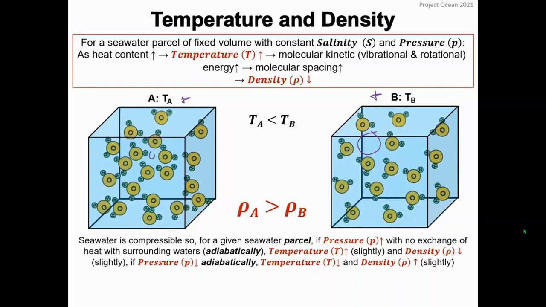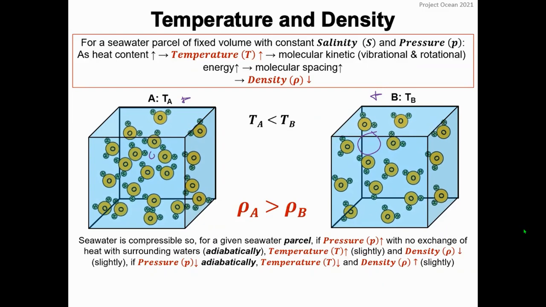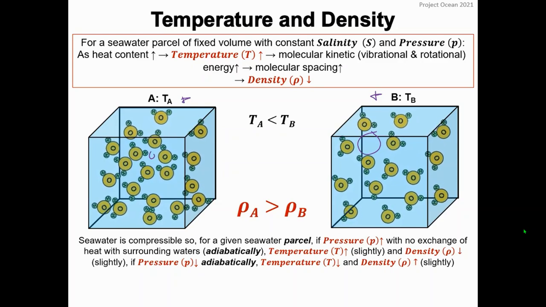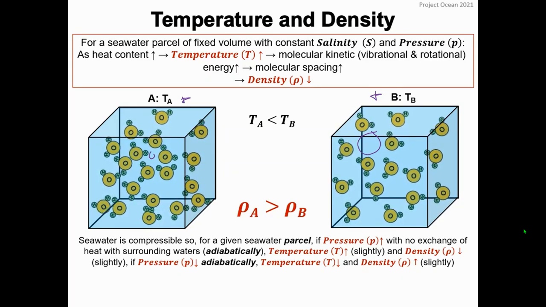Seawater is slightly compressible. So for a given seawater parcel, if pressure increases with no exchange of heat with surrounding waters, or what we call adiabatically, temperature goes up slightly, and therefore density goes down. And conversely, if pressure goes down adiabatically, temperature within the parcel goes down and density goes up slightly.